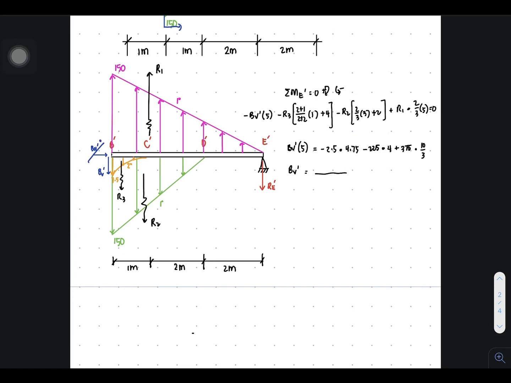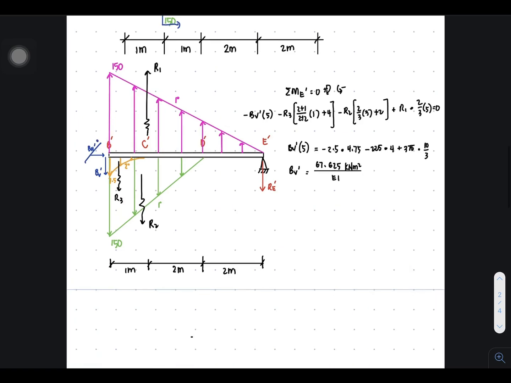The answer is 67.625 kilonewtons square meter over EI. And then for RE prime, just do the summation of forces vertical equal to 0. You will have negative RE prime, then minus BV prime, then minus R2, then plus R1 equal to 0. Oh, napay R3. Do not forget.